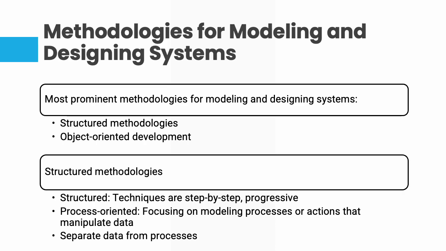Okay, the processes are like the functions that use this data when they need to. So it's very organized. It's a very linear way of designing systems, which is great for projects where the requirements are very clear from the beginning.